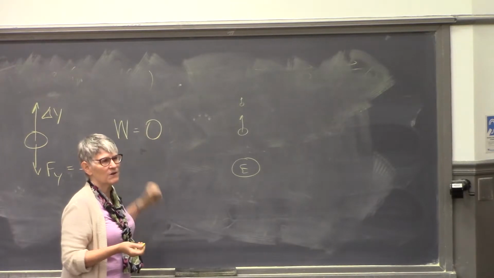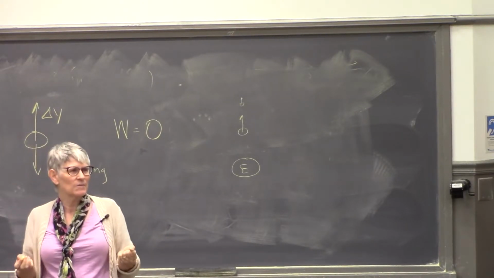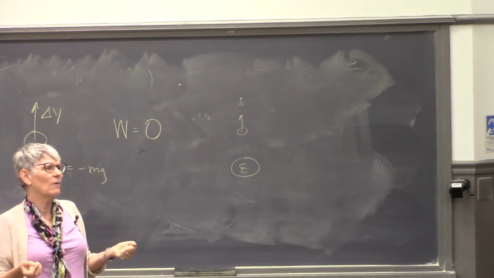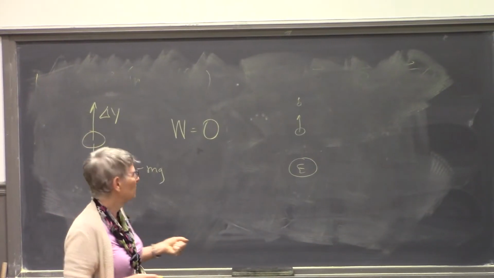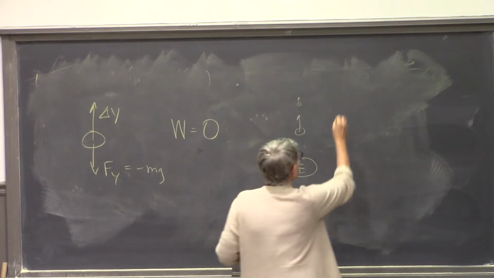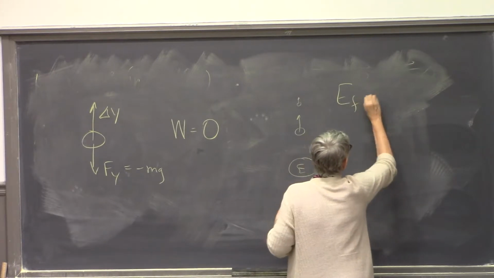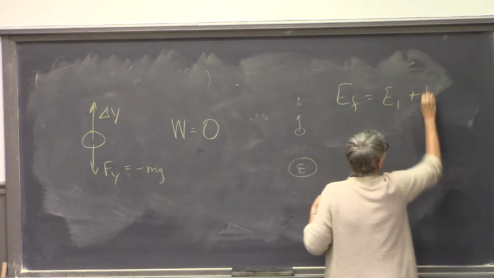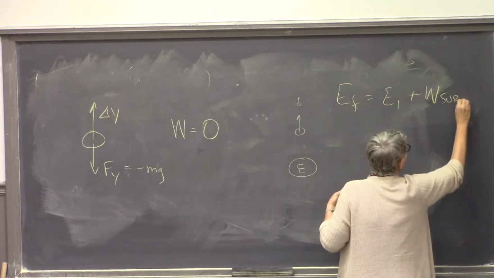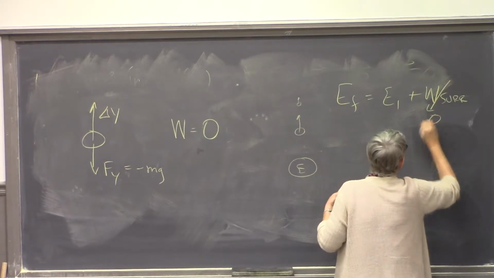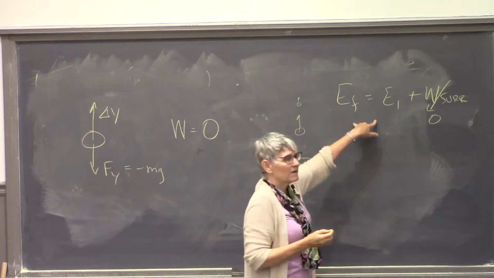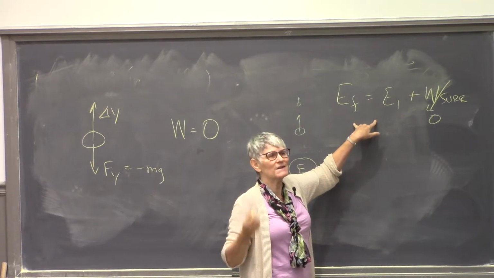But work done by the surroundings was 0. So we have a problem. The energy principle: E final is E initial plus work done by the surroundings. If that's 0, then the energy of the system shouldn't change, but it did.